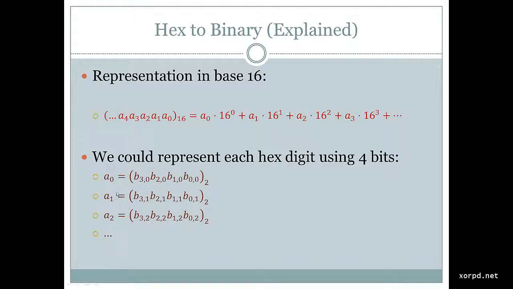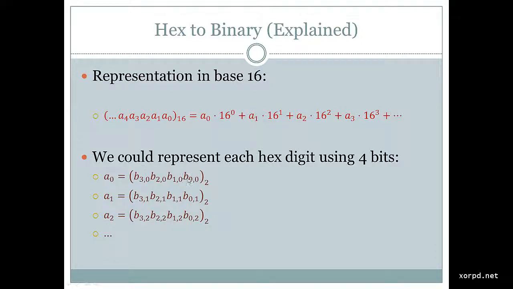I remind you that those A0, A1, A2, and so on are the numbers from this equation. This is the same A0 as this one, and this is the same A1 as this A1. Those numbers, all those A0, A1, A2, and so on, are hex digits, so they could be numbers from 0 to 15.